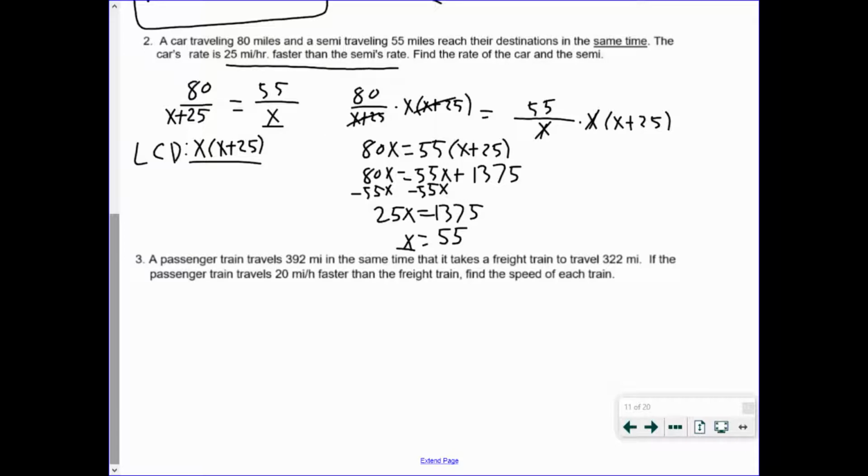So that means the semi is going 55 miles per hour, and the car, we're told, is going 25 more than the semi's rate. So 25 more than 55 is 80. So the car is going 80 miles per hour.